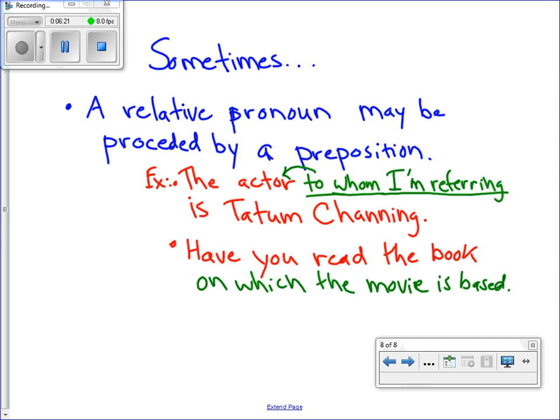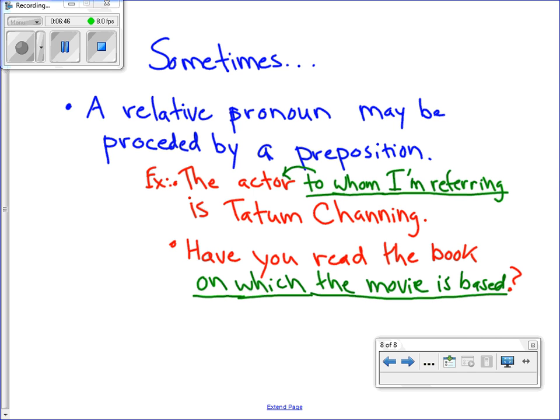Another example. Have you read the book on which the movie is based? Which is our relative pronoun. On is a preposition that's before it. On which the movie is based is our whole adjective clause.